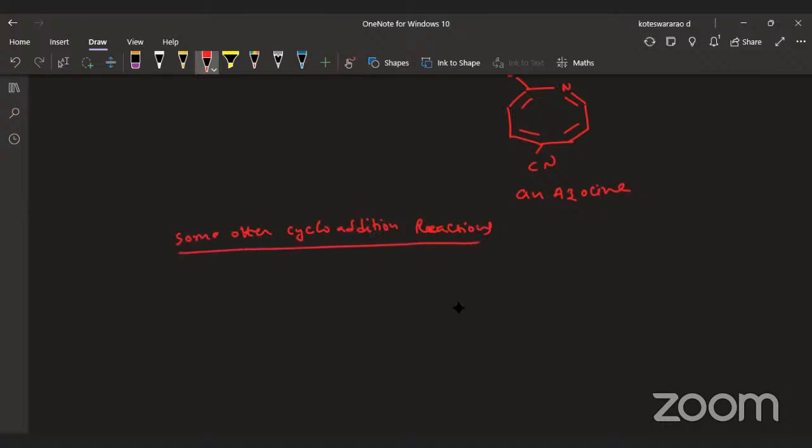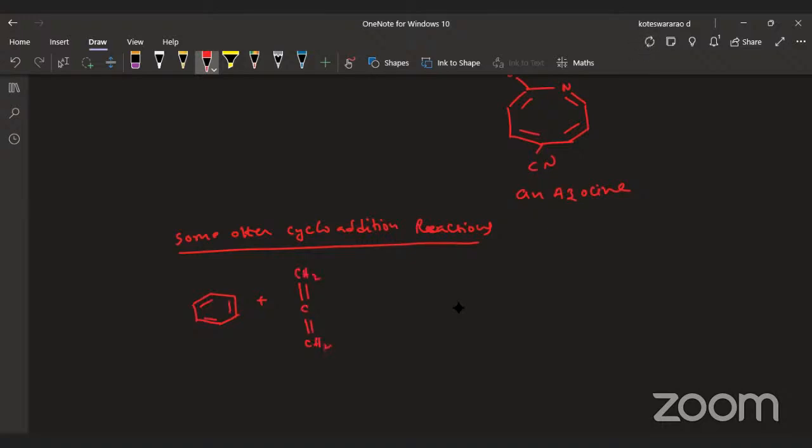Some other cycloaddition reactions. Benzene is undergoing the reaction with the cumene derivative.